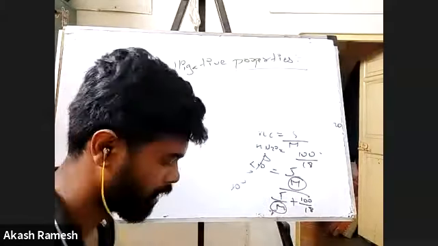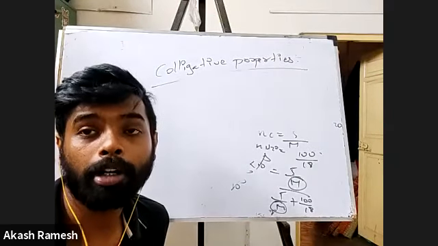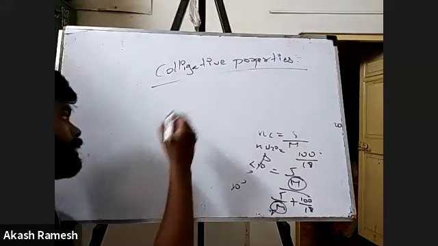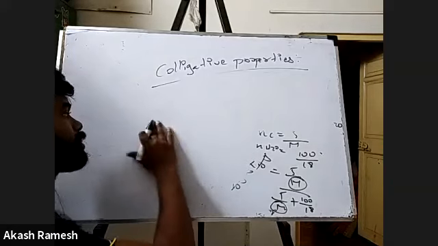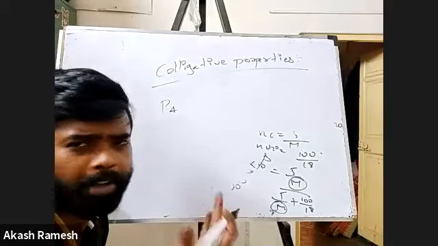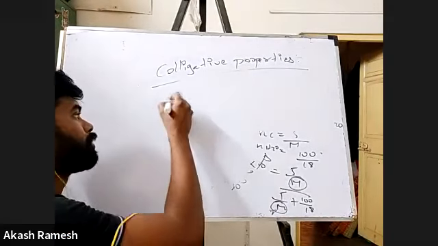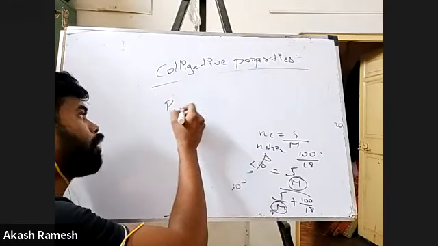Okay, right. So please understand, we are speaking about the unknown molecular mass of the solute. So I can write it like this: PA, or I can even speak in terms of water. However you want to speak, you can. So P of water.